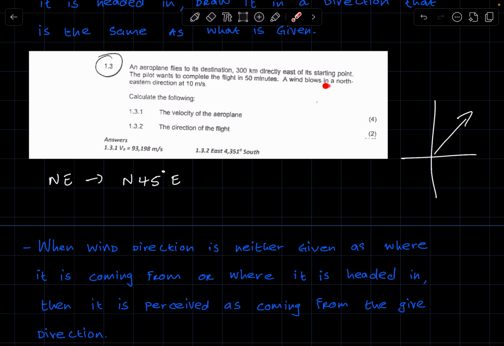Why? Because the wind direction has been given from the perspective of where it is headed. So if the wind vector has been given from the perspective of the direction it is going in, then you use the wind direction exactly as it is given.